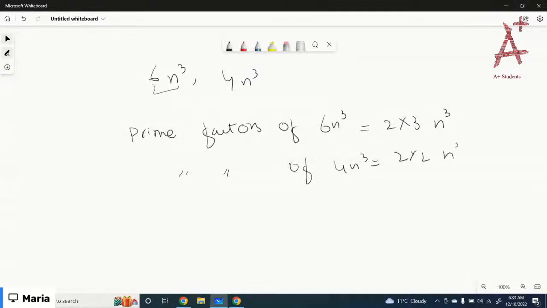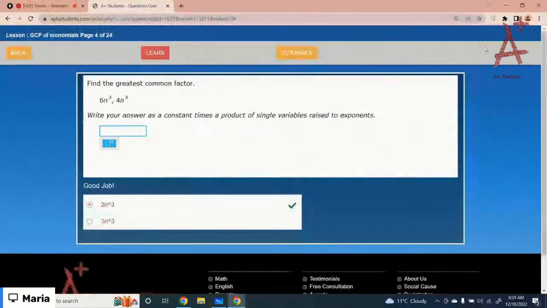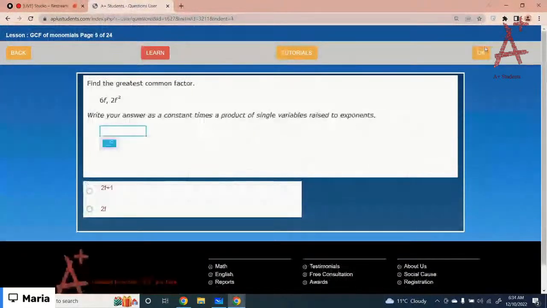Both of them have the same powers of n. That means you can take 2 and n cube as common. It would be 2n cube. Got it? Just select the correct option and click on the OK button. Okay, the next one is find the greatest common factor of 6f and 2f square.